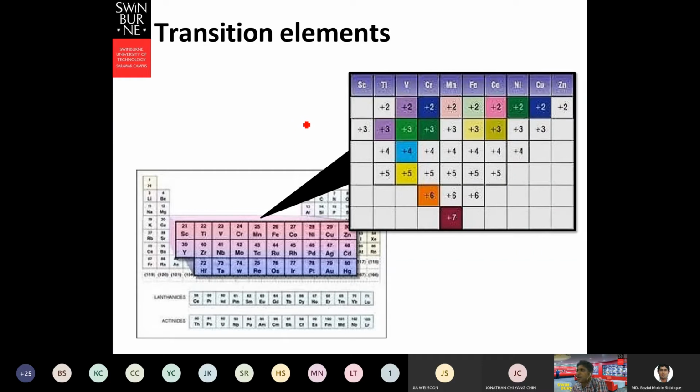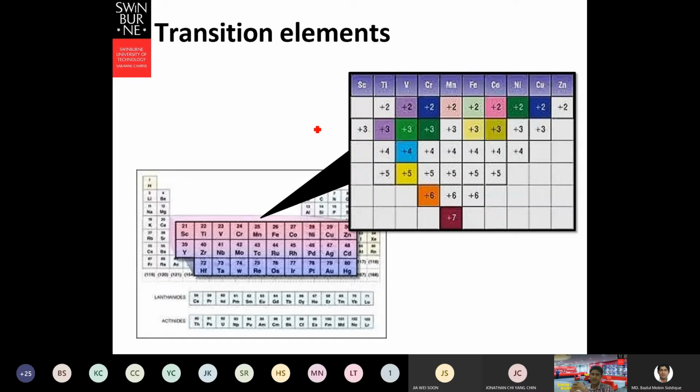Chromium is very colorful: at positive 2 oxidation state it is blue, at positive 3 it is green, and at positive 6 it is orange. This is quite interesting and thought-provoking, why the color changes with the oxidation state.